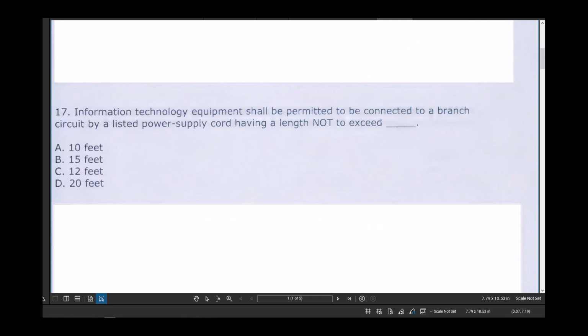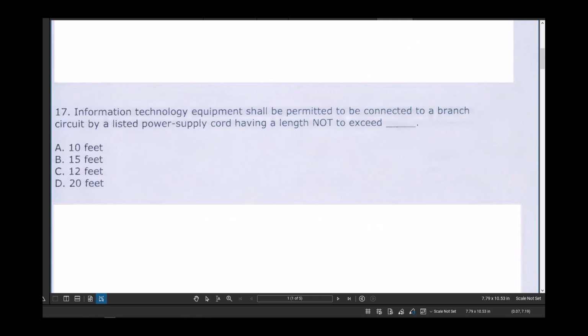Question 17. Information technology equipment shall be permitted to be connected to a branch circuit by a listed power supply cord having a length not to exceed A 10 feet, B 15 feet, C 12 feet, D 20 feet. What we're looking for is IT equipment, which is related to the branch circuit and probably power supply cord.